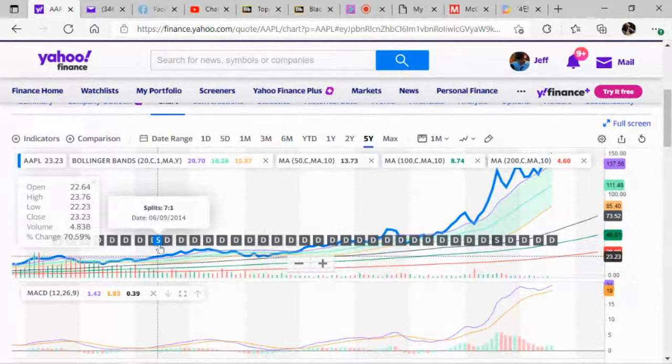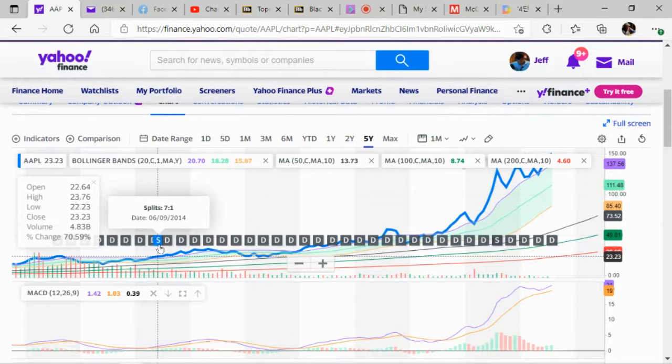And the other split was on June 9th of 2014, the split that I'm talking about. I sold before. So my memory was correct. I bought it in 2012, and then sold in 2014, about a month before the split.